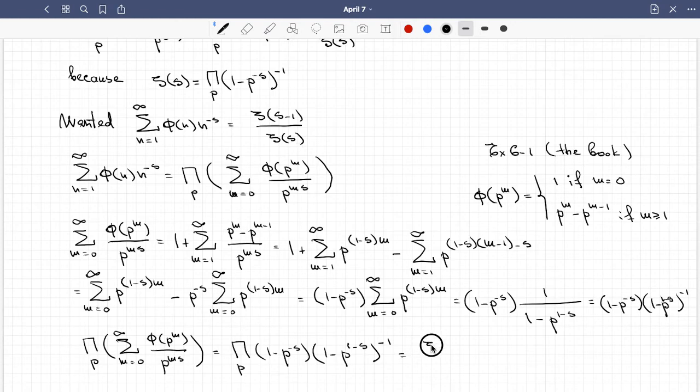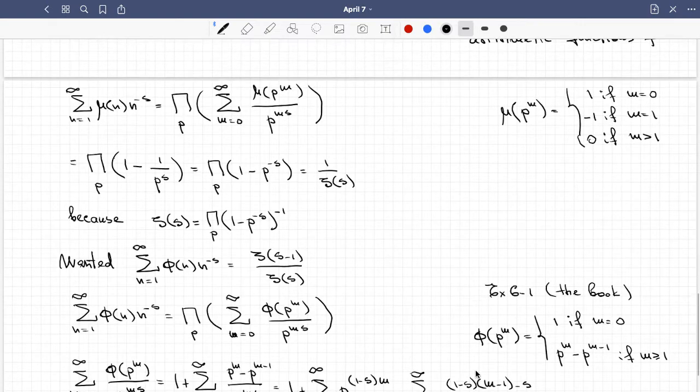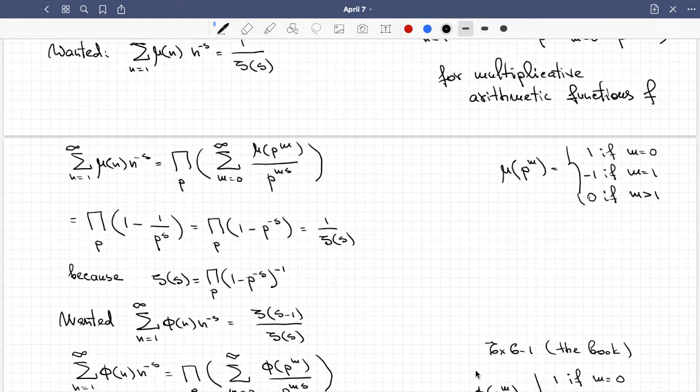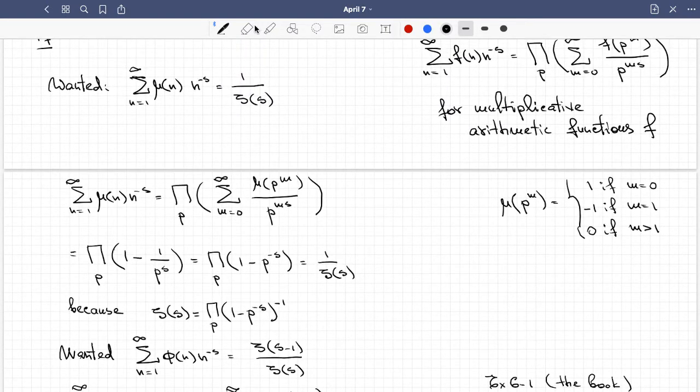So we get zeta of s minus 1 divided by zeta of s, as we wanted. I'm sorry, I did not write it correctly here. I've just noticed... no, I wrote everything correctly. I'm sorry, I worried that I did something wrongly. I did not.